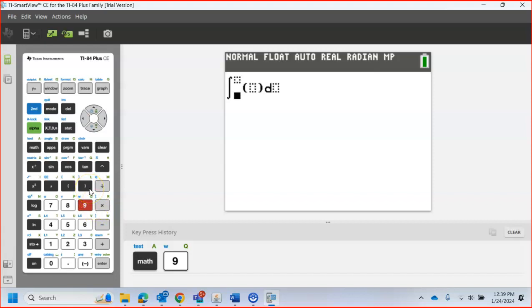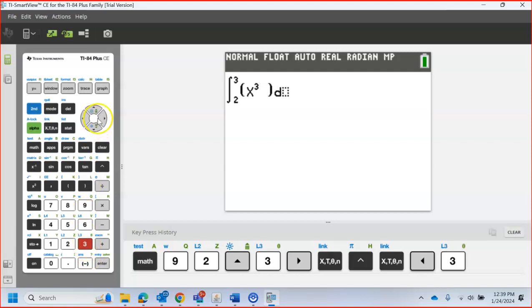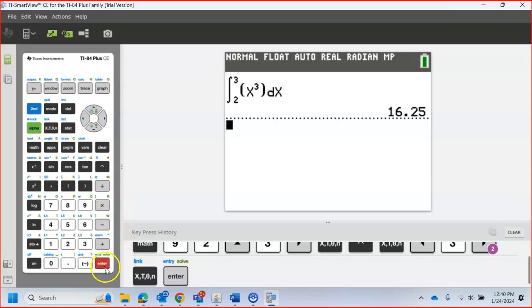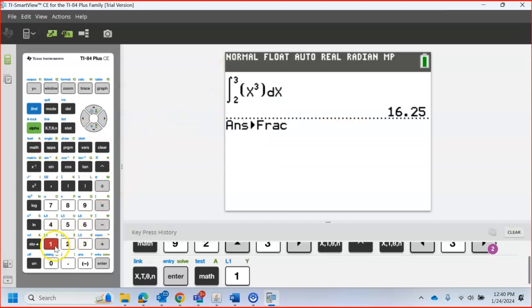You enter the lower limit 2, upper limit 3, function is x to the power 3, dx. And then if you enter, you are able to get your answer. If you want to change the answer to a fraction, you press Maths, option 1. 65 over 4. Our answer is correct.